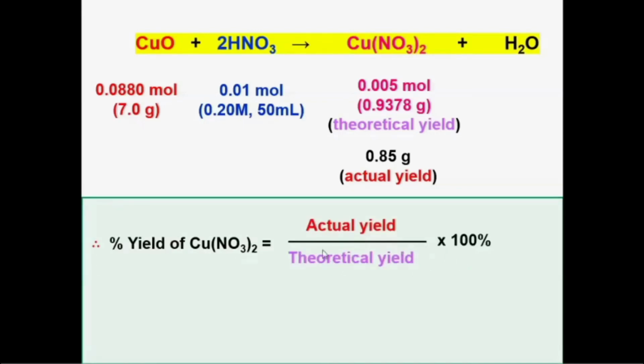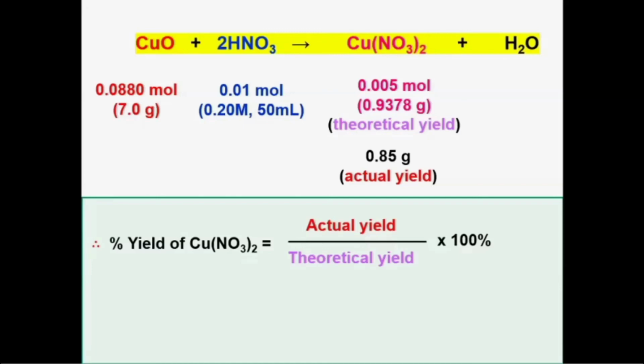Remember guys, for this actual yield and theoretical yield, you have two options, whether you want to use the moles or the grams. It is not necessary to use grams; we can also use moles. But in this case, I'm going to use the masses, in grams.